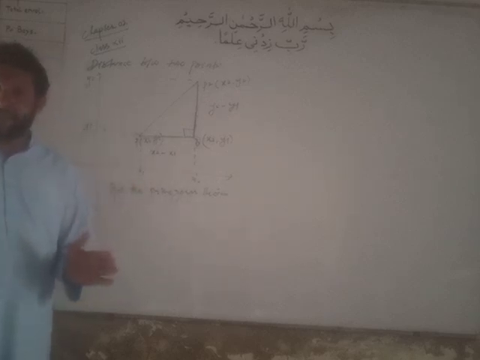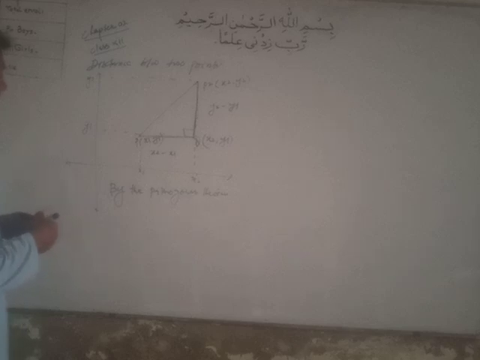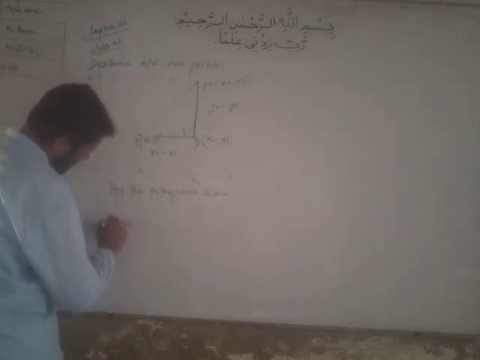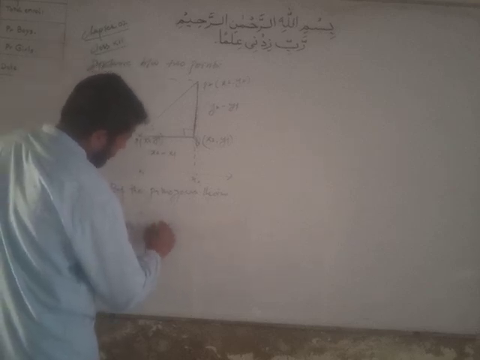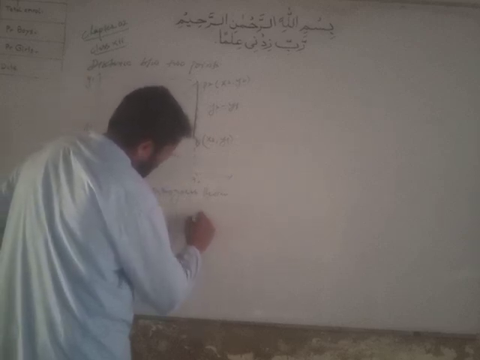So the Pythagoras theorem is here: P1P2 whole square is equal to P1Q whole square plus QP2 whole square.